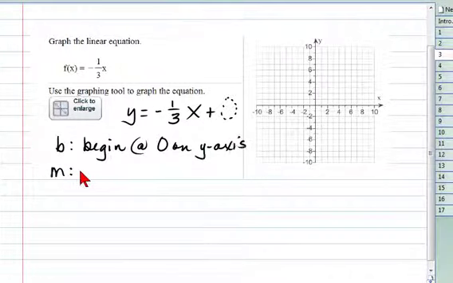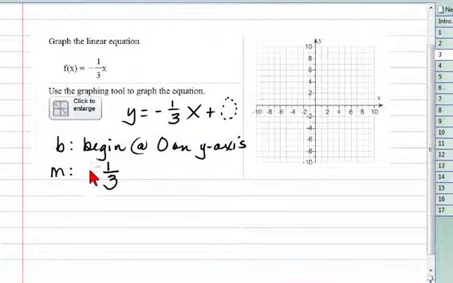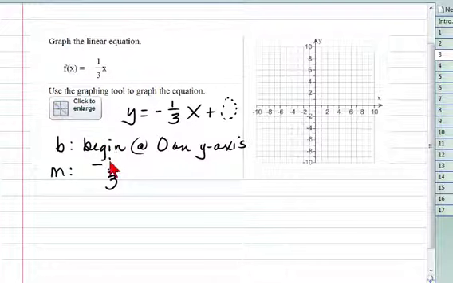How will I move? Well, the slope is negative 1/3. We talked a good bit in chapter 7 about where a negative sign goes with a fraction, and you have choices. Out in front is not very useful for slope.